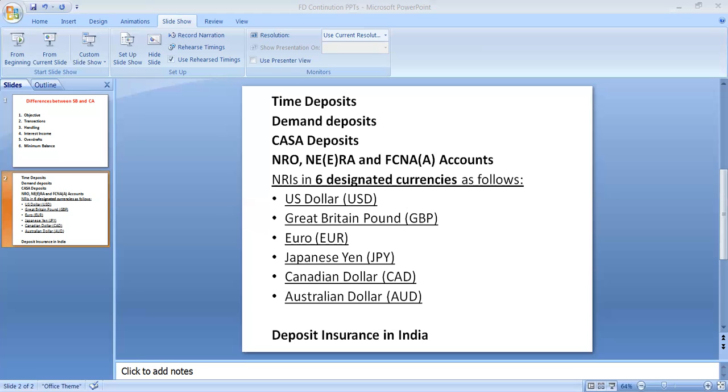Further, minimum balances may be prescribed in order to offset the cost of maintaining and servicing such deposits. Savings deposits are deposits that accrue interest at a fixed rate set by the commercial banks.